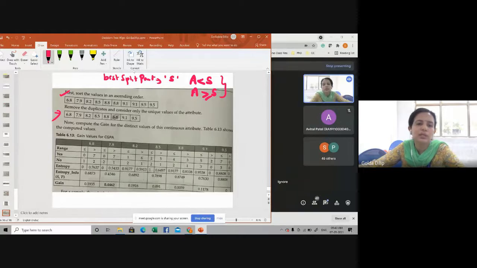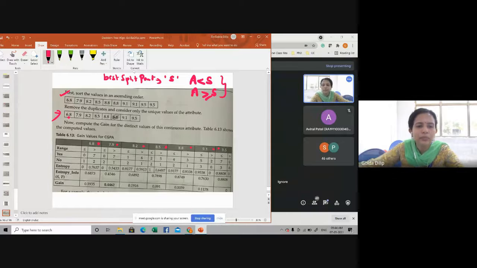So you have 6.8, 7.9, 8.2, 8.5, 8.8, 9.1 and 9.5. All the duplicates are removed and only the distinct values remain. You compute the gain for these distinct values.